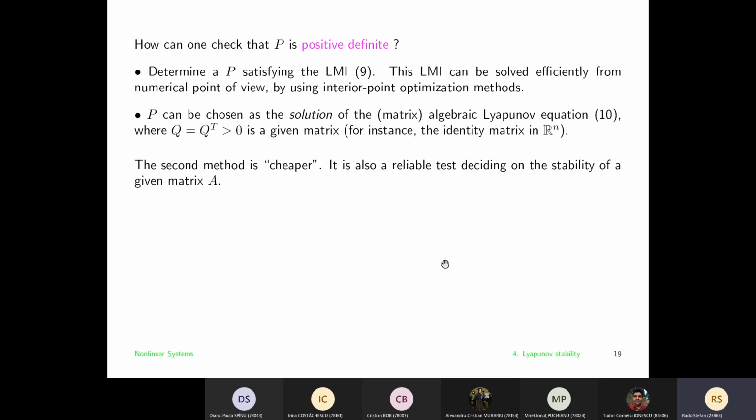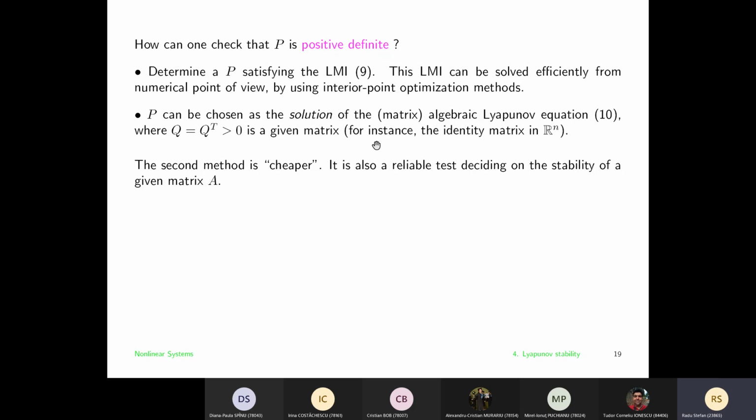So it's precisely the point I have addressed. How to check that it's positive definite? You determine a P satisfying this LMI, which can be solved efficiently from the numerical point of view. But you can also take the Lyapunov equation solution.